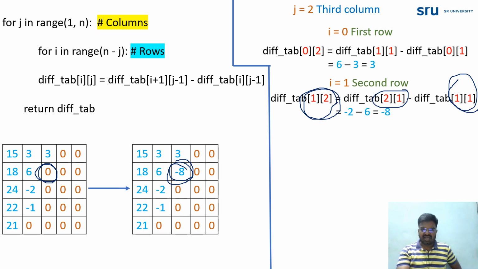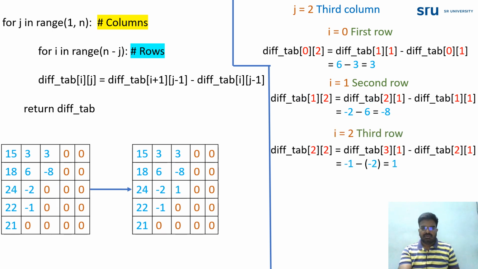Next, I have to fill this position. For that, now I takes 2, which means it is the third row. We have to fill this position. To fill this position, we consider the difference minus 1 minus of minus 2.